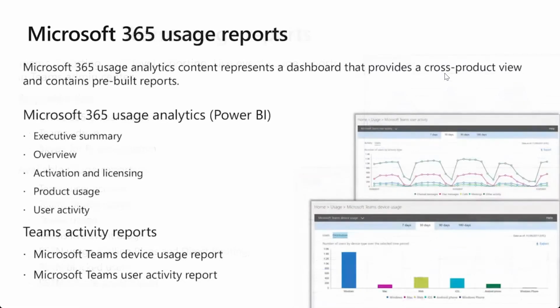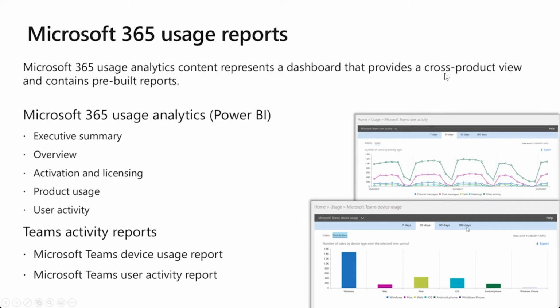In general, we also have reports available in Microsoft 365. The previous ones were targeted just for Microsoft Teams, but overall for Microsoft 365, you also have some interesting reports available, like the executive summary, where you can easily have visibility of the types of devices that are connecting to the environment in the last 7 days, 30 days, 90 days, 180 days.